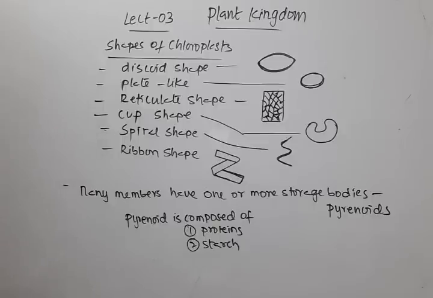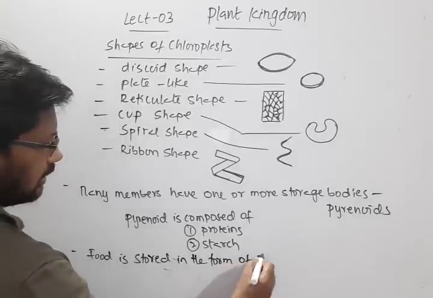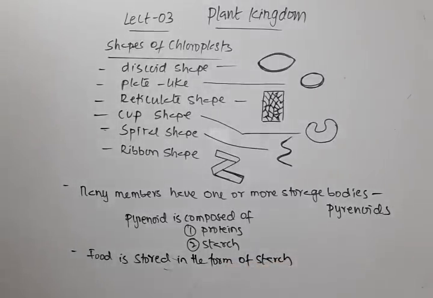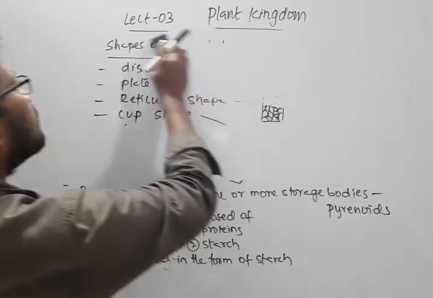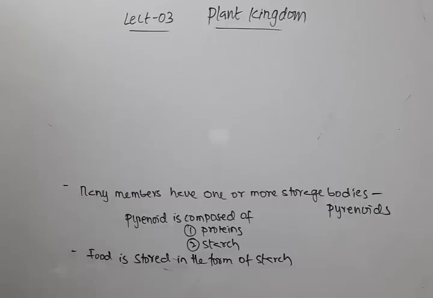And the next point, the food is stored, means excess food is stored in the form of starch. Not only do they store food in the form of starch, some algae will store the food in the form of oil droplets also, right?